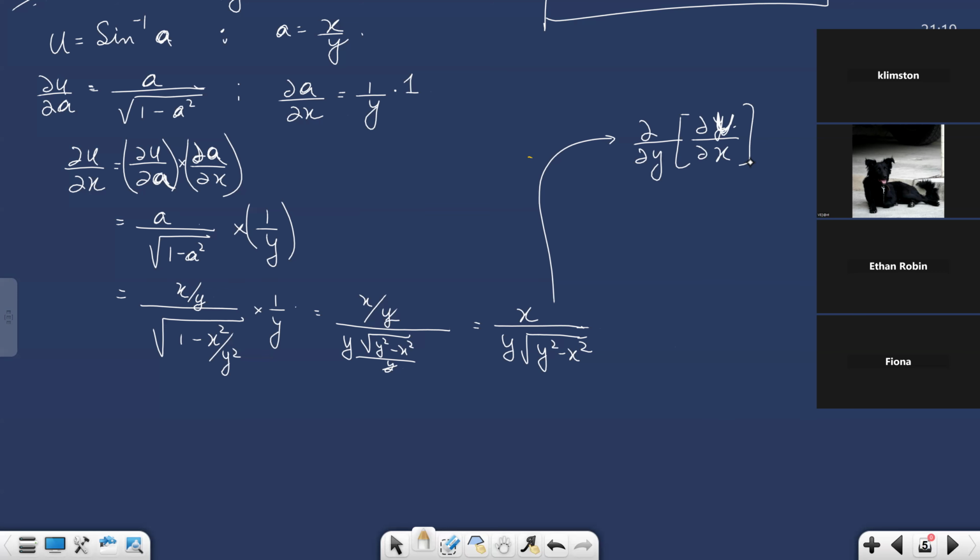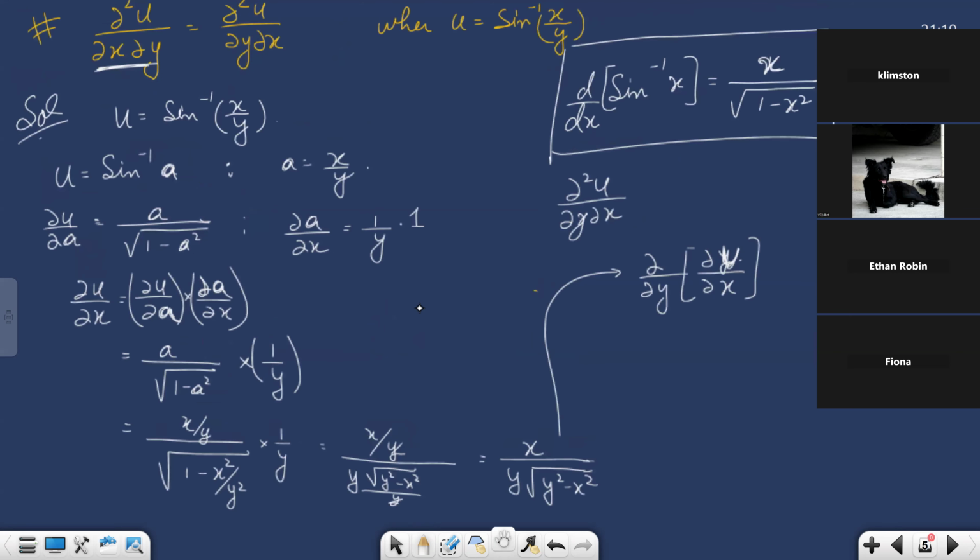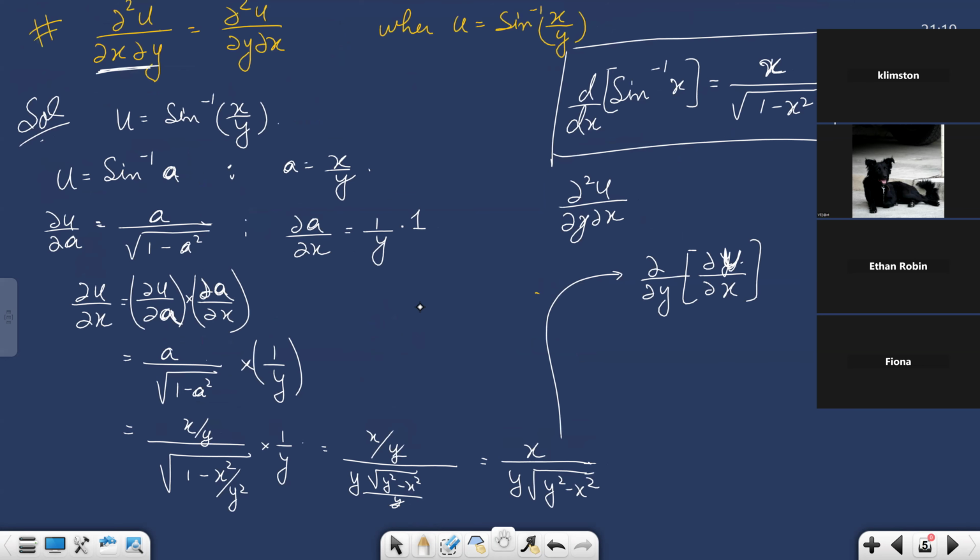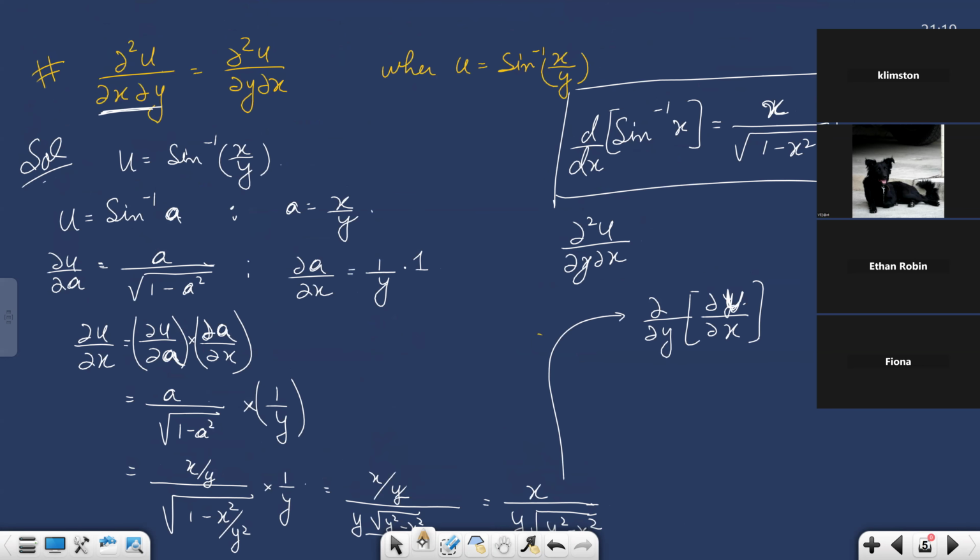So this is the meaning of what? Double derivative of u, del y del x. And if you look at the question, this is my left hand side. This is my right hand side. Look at the question, please. So I need to differentiate again.